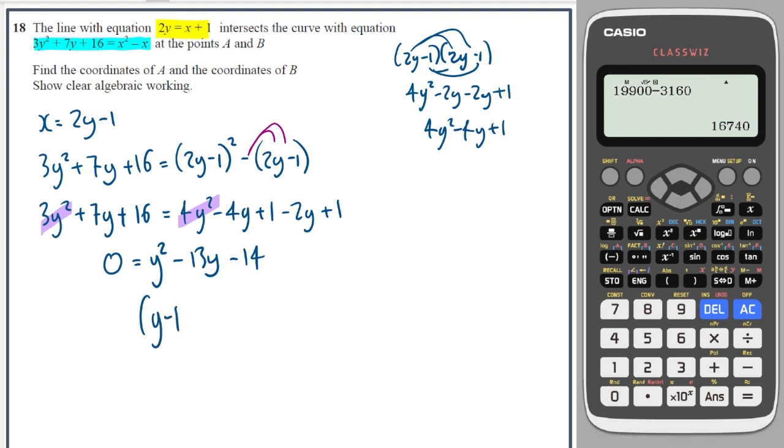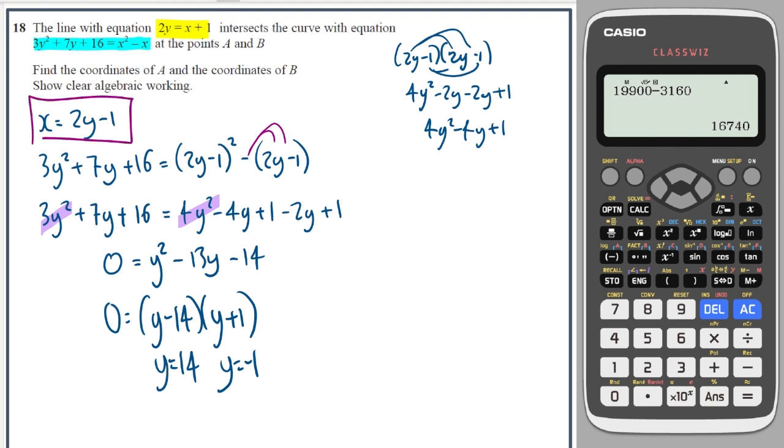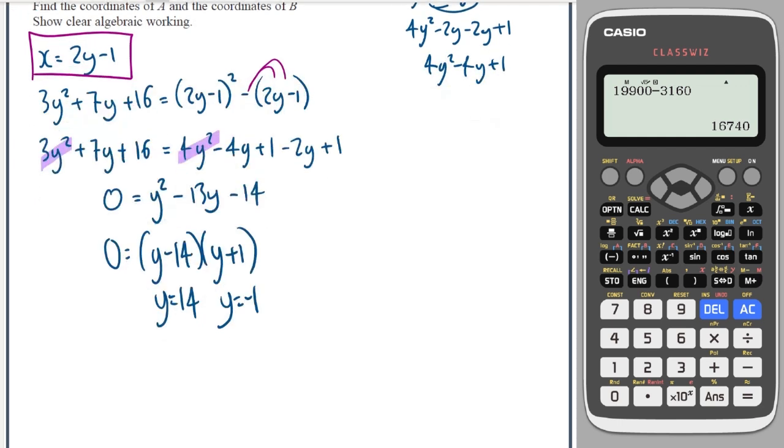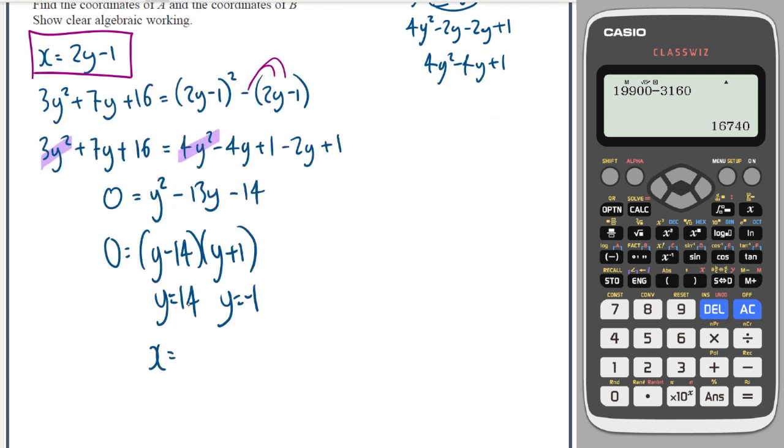That's good because this factorises nice and neatly, like so, which tells me that y is equal to 14 and y is equal to minus 1. And we know from here the x coordinate is 2 times the y, minus 1. So double the y to make 28, minus 1 is 27.